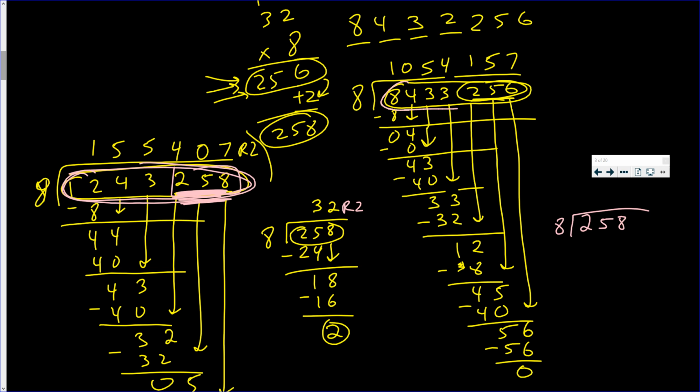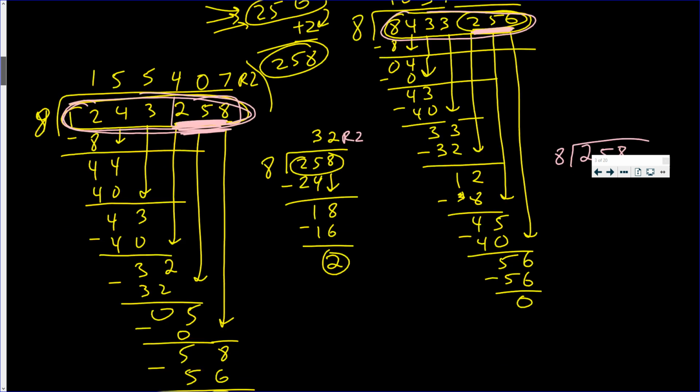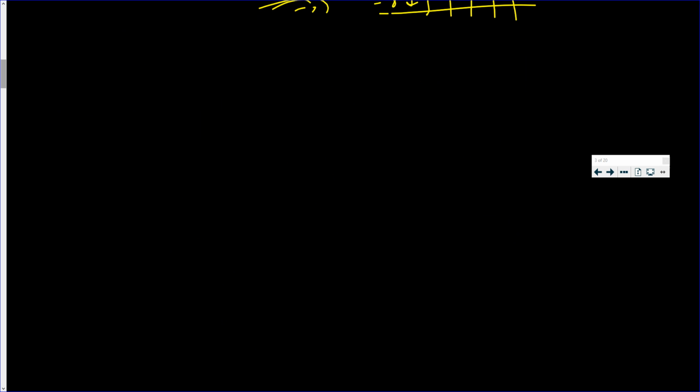It's a lot better than doing it for 7 digits, like the examples I've given. I'd rather divide 8 into a 3-digit number than a 7-digit number or even larger.